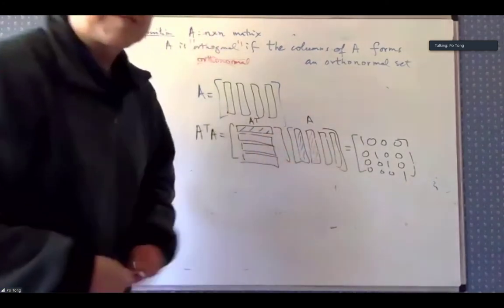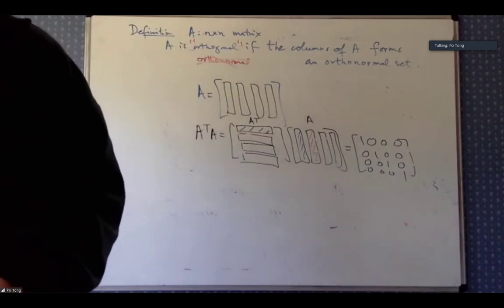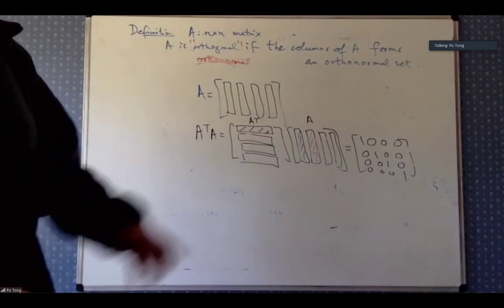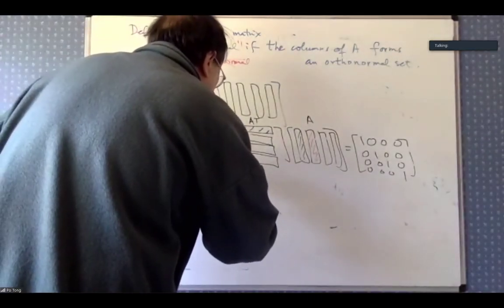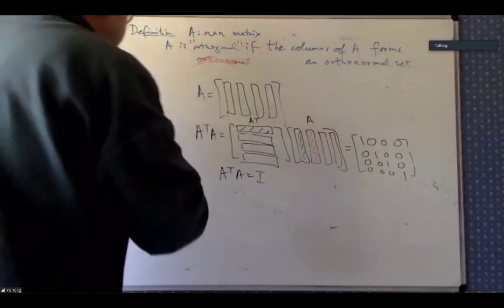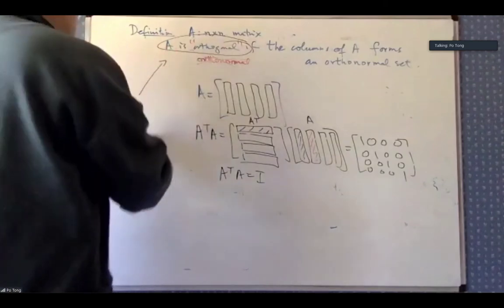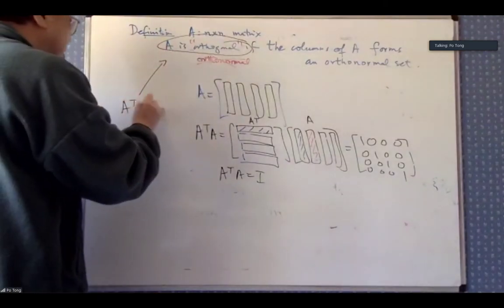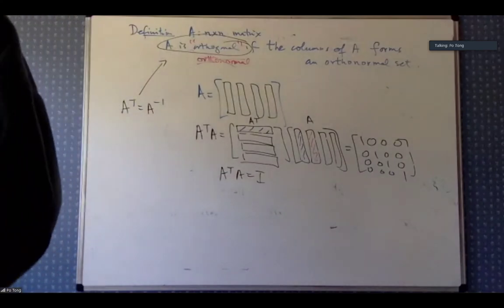It's the same as the dot product. Did I answer your question, Eva? Yeah, thanks. Okay, so A transpose A is equal to I. So when A is orthogonal, we have A transpose is the same as A inverse.